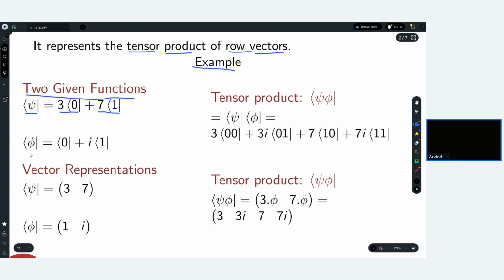And the second quantum state is bra phi, which is bra 0 plus i times bra 1. What we are going to do is take the tensor product of these two functions describing a quantum state.